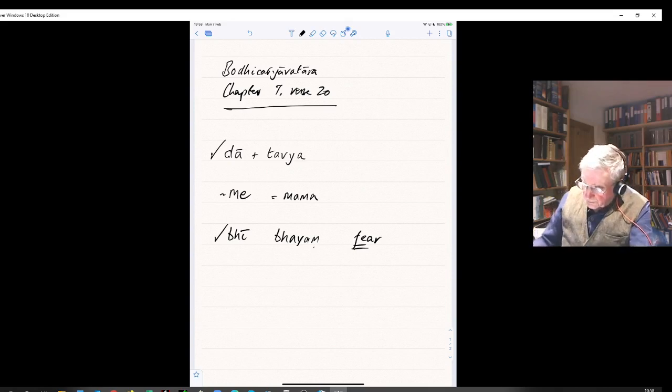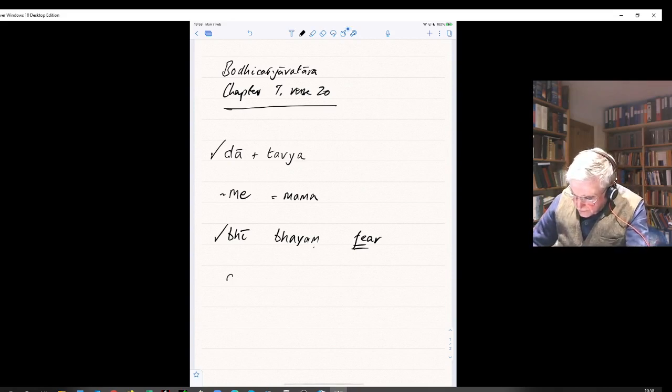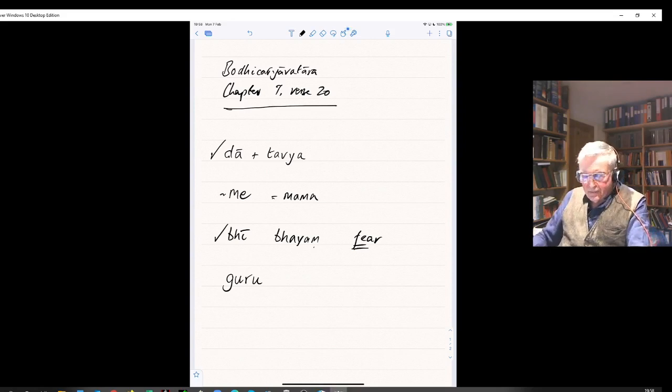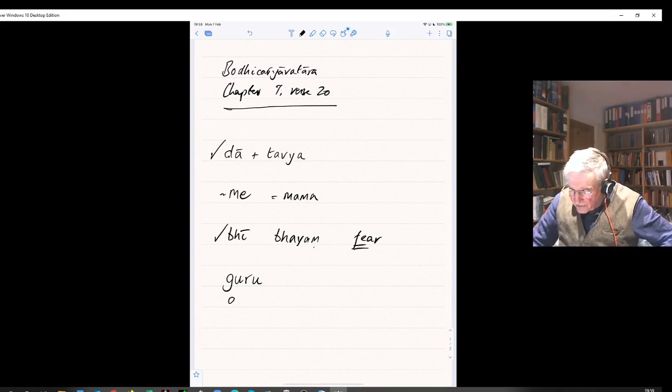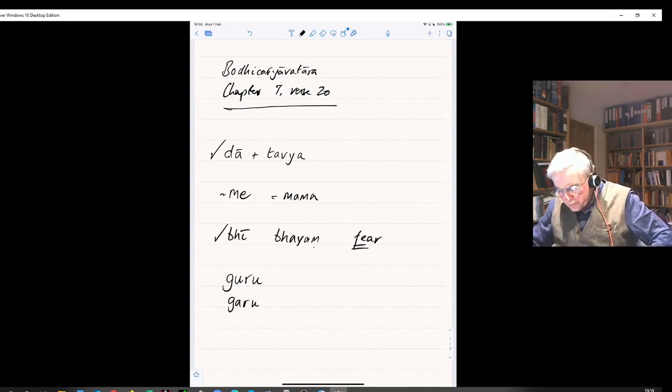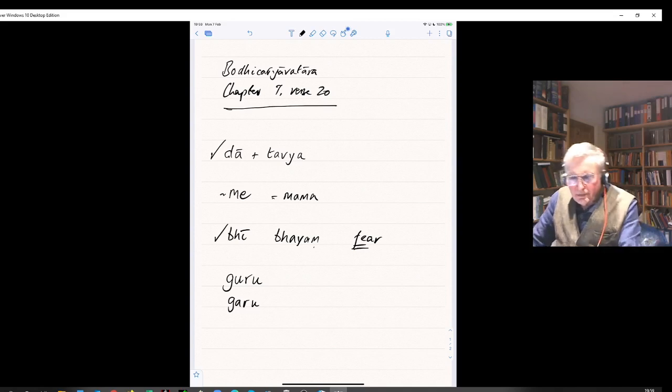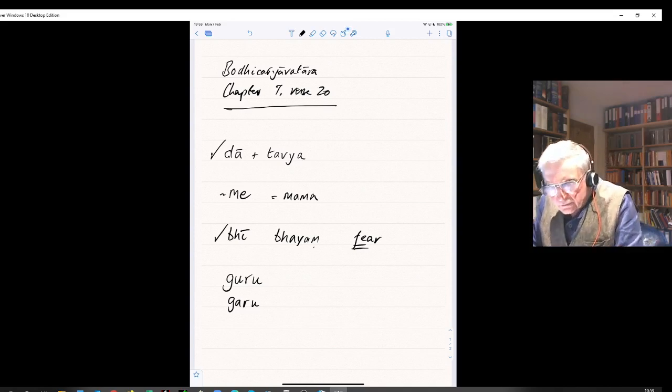So, guru, as we all know in English, is a guru meaning a teacher. But in fact, originally it's an adjective meaning heavy or important. Its original form actually was garu. In Vedic, it's garu. Later on, it became guru. Garu, the original meaning of it actually just means heavy.